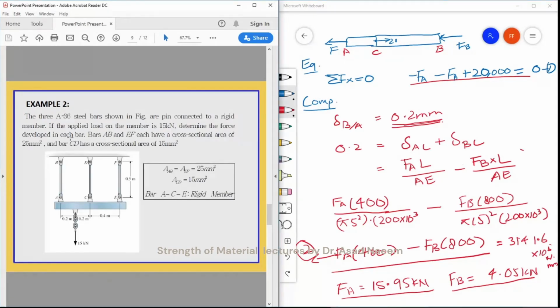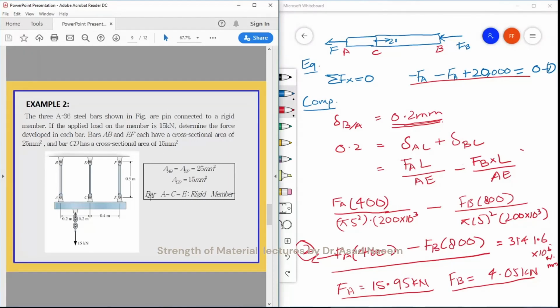3 A36 steel bars shown in the figure are pin connected to a rigid member. If the applied load on the member is 15 kilonewton, and there we have a 15 kilonewton load, determine the forces developed in each bar. The bars AB and EF each have a cross-sectional area of 25 millimeter square, and bar CD has a cross-sectional area of 15 millimeter square.